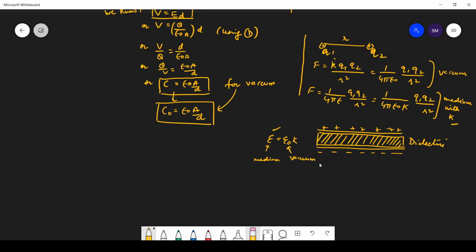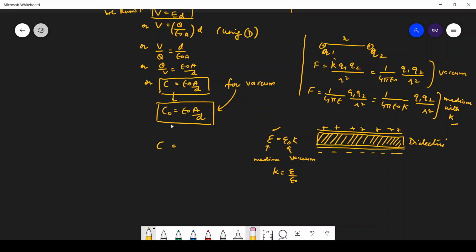And K, you can see, is written as epsilon upon epsilon naught. For some medium, like here when the force was for medium, I replaced epsilon naught with epsilon and put the value of epsilon. Same is the case here.